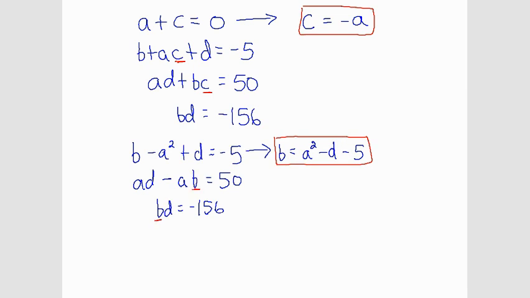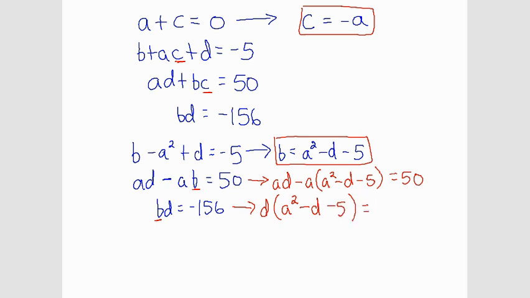So this becomes ad minus a times a squared minus d minus 5 equals 50. Okay, and then here we've got d times a squared minus d minus 5 is equal to negative 156.